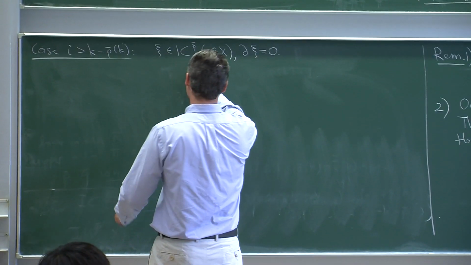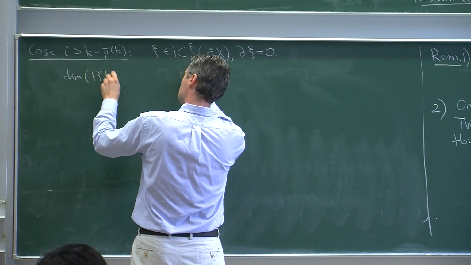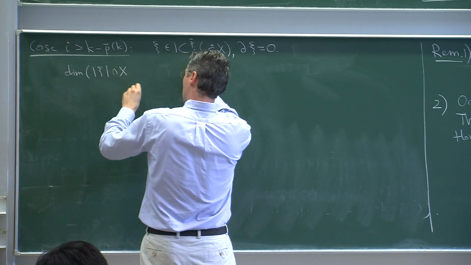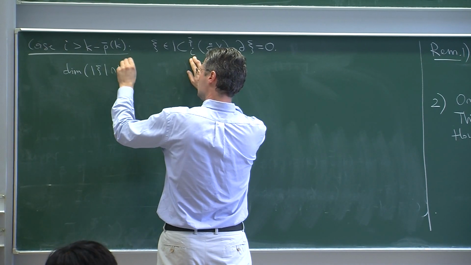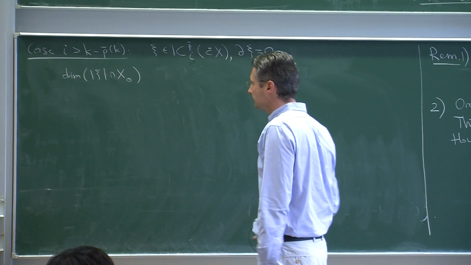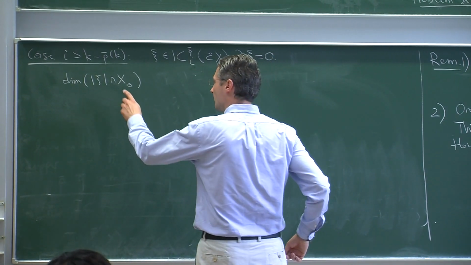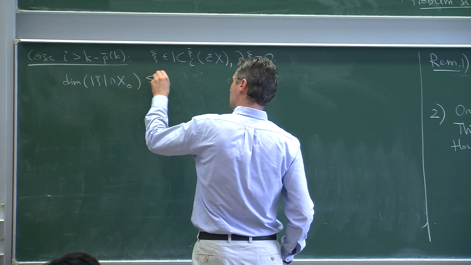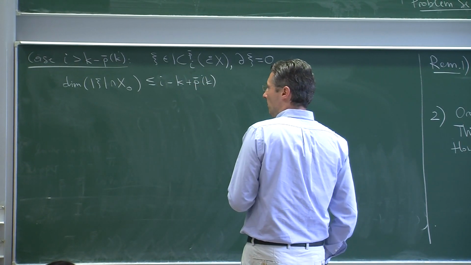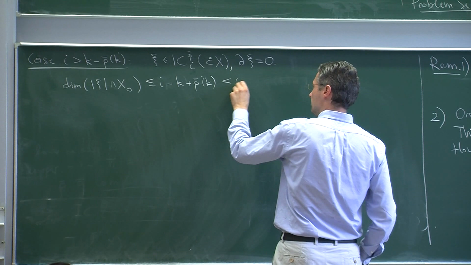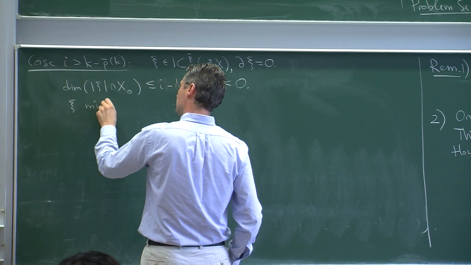Well, what is the condition? The condition is, after all, that this intersection, and now I'm going to focus on 0 here, should be less than or equal to i minus k plus pk. But this number is now negative, so it means xi misses the cone point.